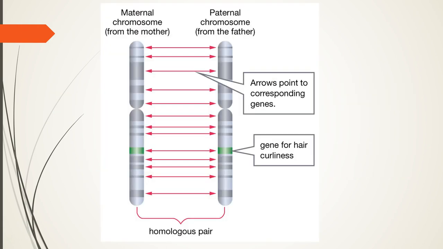number. So if we look at a homologous pair of chromosomes, remembering that they're not identical, one from the maternal side, one from the paternal side, they are the same size and the same length, and they encode for the same genes, but they don't necessarily have exactly the same forms of the same gene. So you could have a homologous pair of chromosomes and both of them would code the gene for curly hair, but one might code the gene for curly hair and one might code the gene for straight hair.